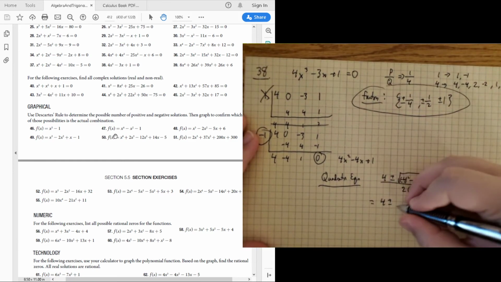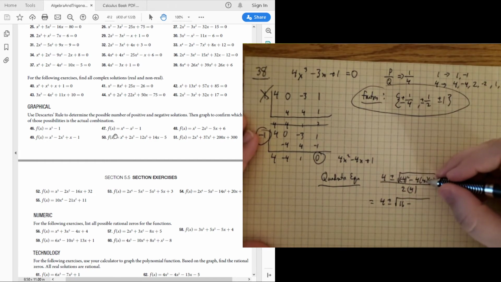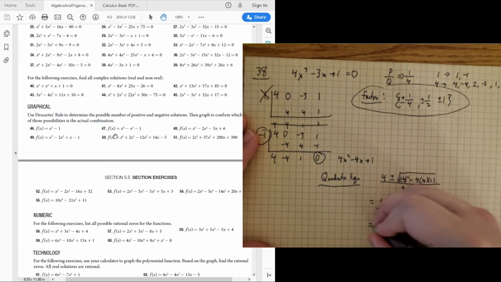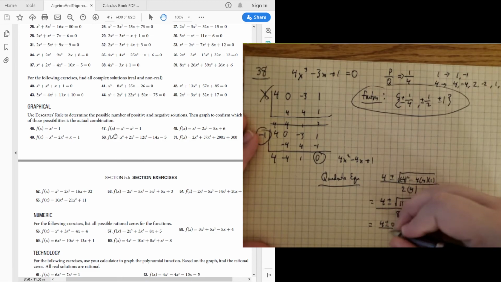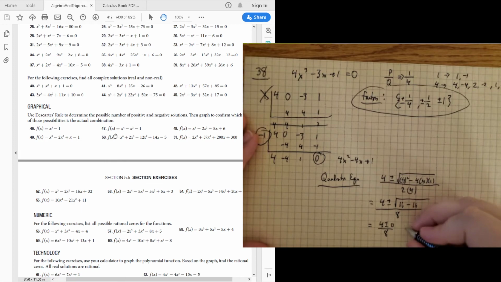4 plus or minus the square root of negative 4 squared, which is 16. 4 times 4 is 16, times 1 is 16. 2 times 4 is 8. 16 minus 16 is 0, so we end up with 4 plus or minus 0 over 8. 4 plus 0 is 4 over 8, which is 1/2. 4 minus 0 is 4 over 8, which is 1/2.